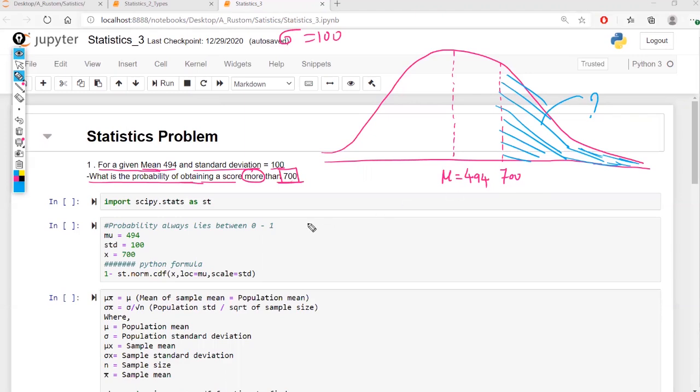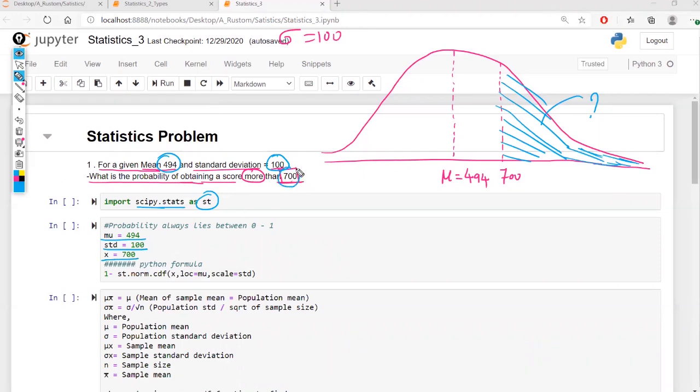First of all, I'm going to import scipy.stats as st. Then mu is 494, that is given. Standard deviation is 100, that is also given. And they have also given the x data.